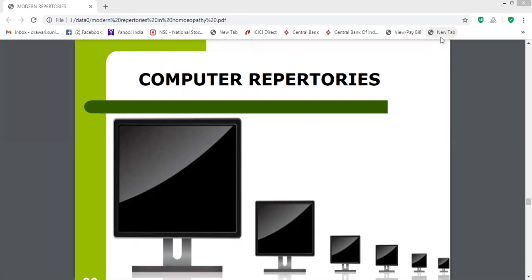So the computer plays a very important role in homeopathic repertories as well.